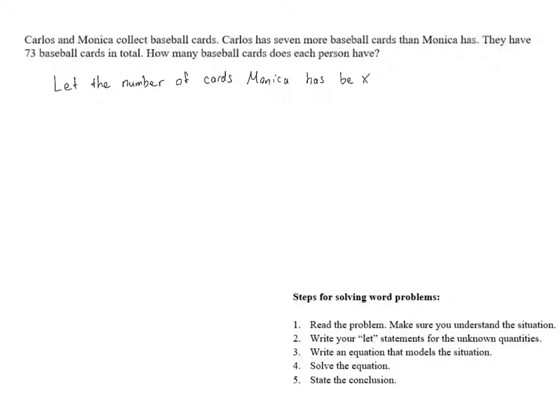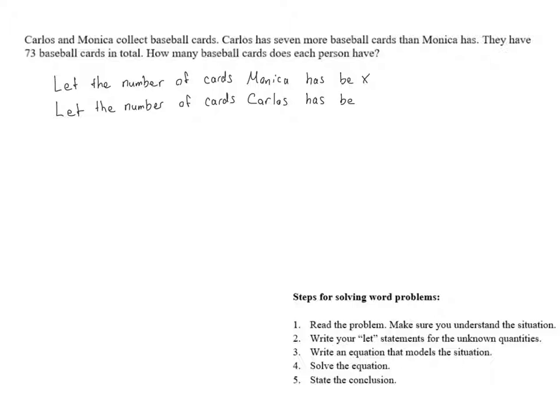Now we need to figure out the number of cards that Carlos has. So we're going to start our let statement. Let the number of cards Carlos has be. Now, we need to go up to the problem for this one. We're told Carlos has 7 more baseball cards than Monica has.